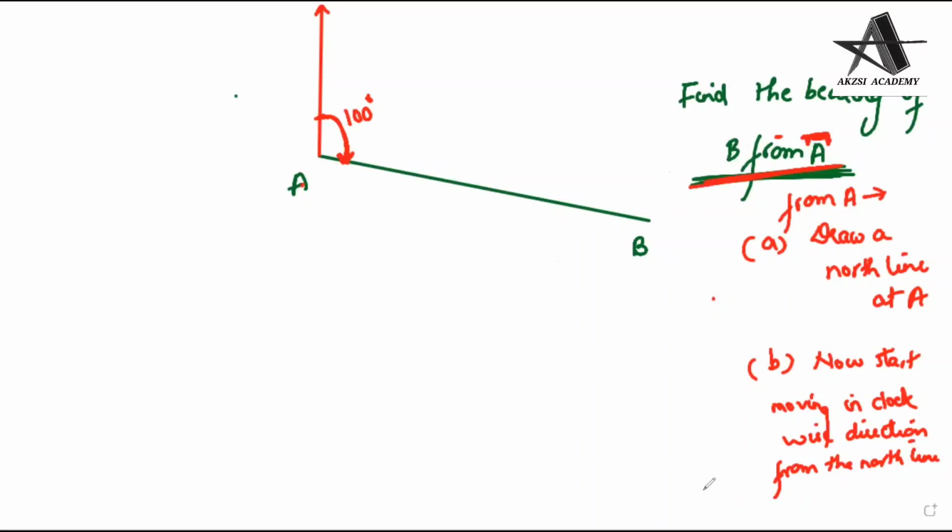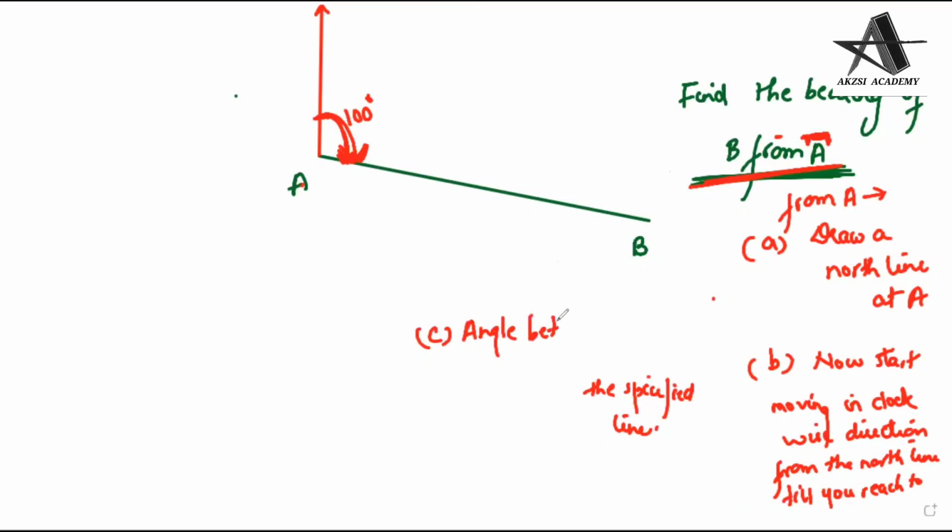If it says B, then till you reach B. So now start moving in clockwise direction from the north line till you reach the specified line. So this angle will give you the final answer. So see, the angle between these two lines will be your final answer.